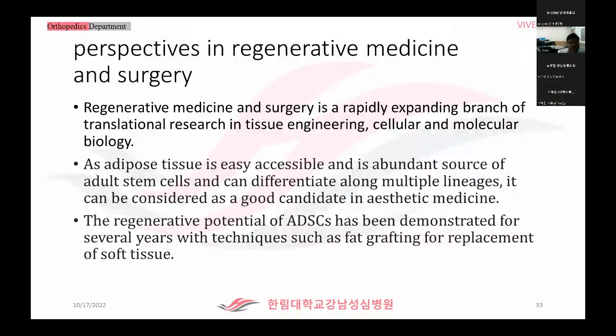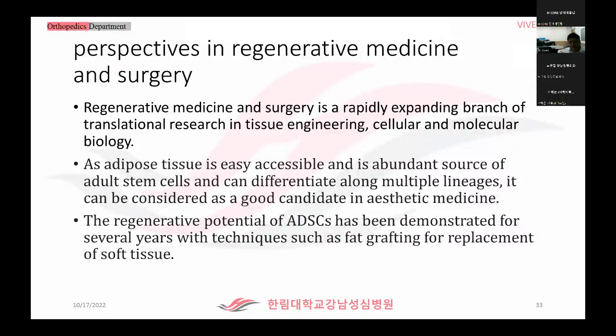A common question is why we need regenerative medicine in surgery. When we talk about degenerative diseases, we know very well that surgery can help a lot, but we need to provide a certain kind of grafting, either allograft or autograft, some kind of mimic of the extracellular matrix to provide strength to the degenerated area.